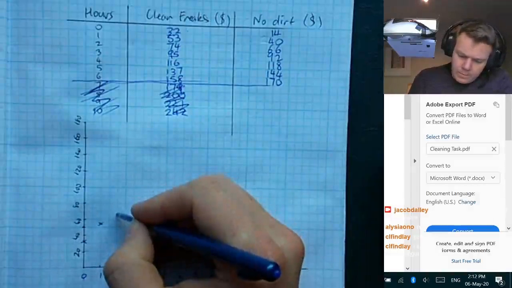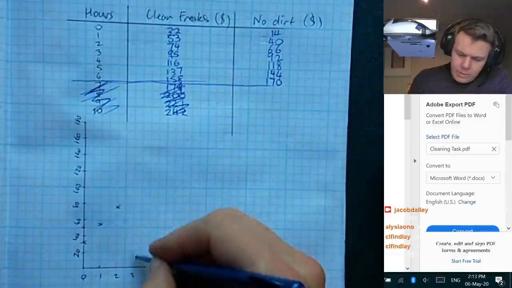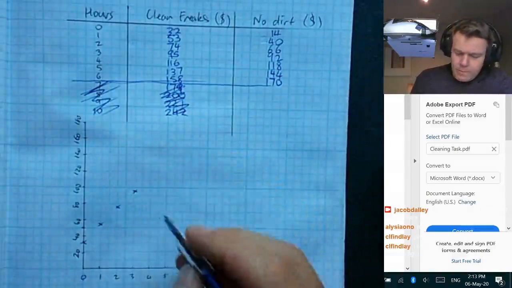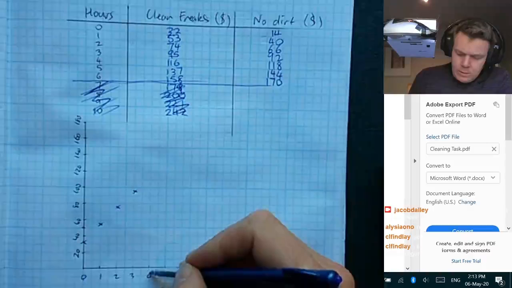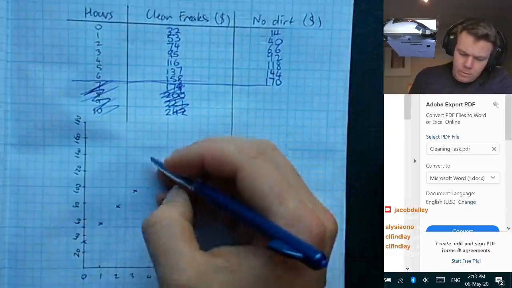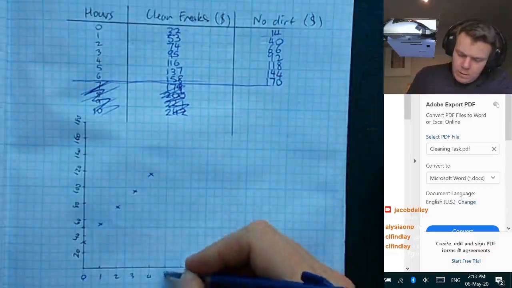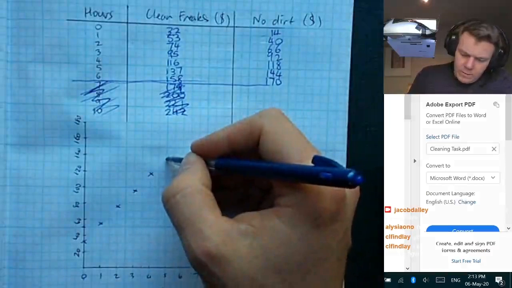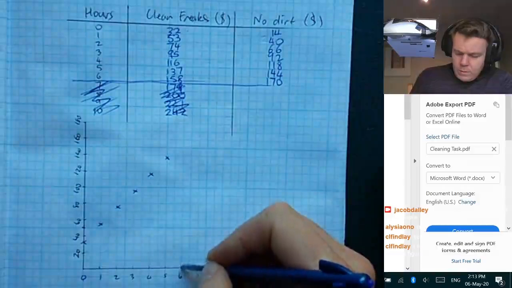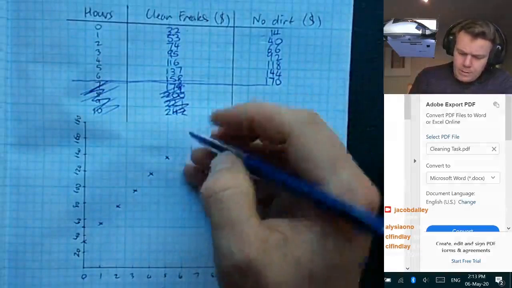For 2, 74, right about there. 3, 95, about there. 4, 116, about there. 5, 137, about there. 6, 158.